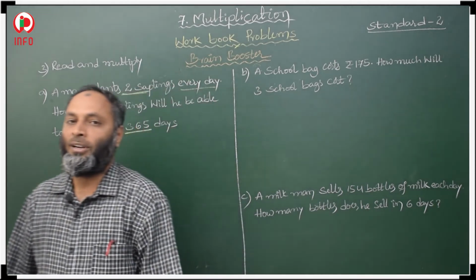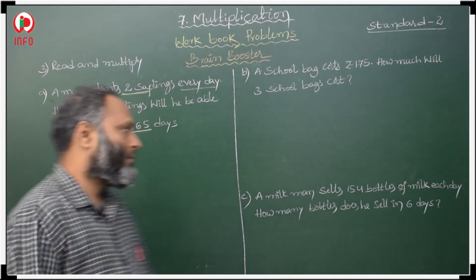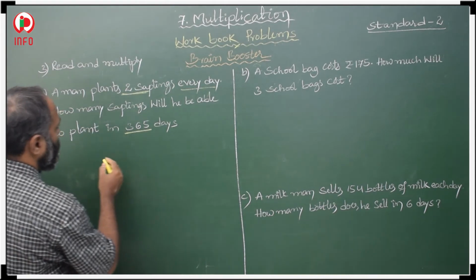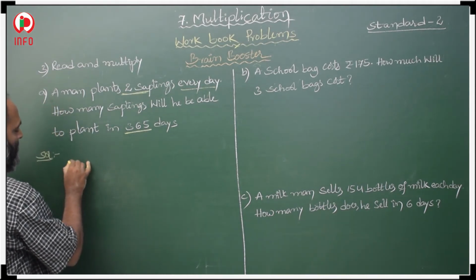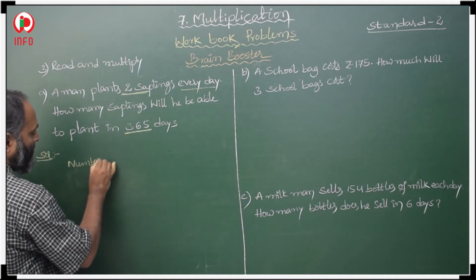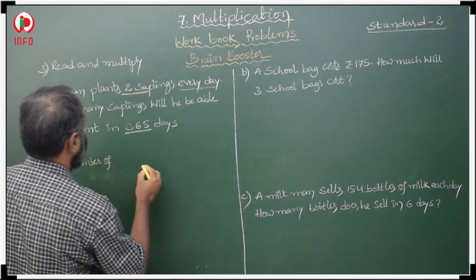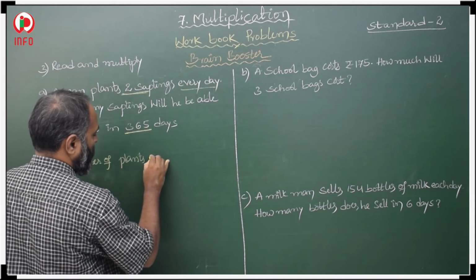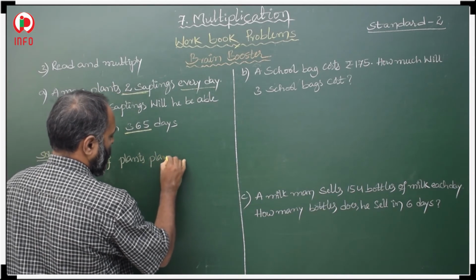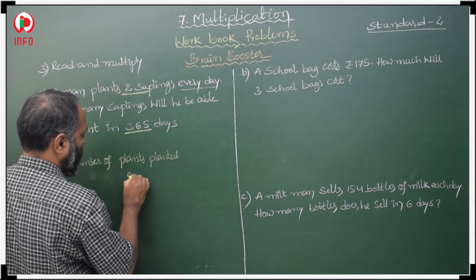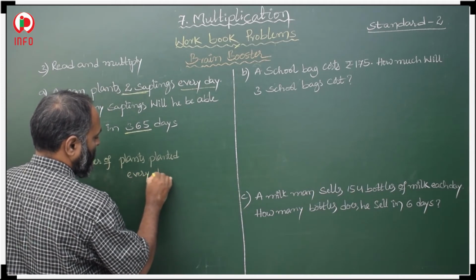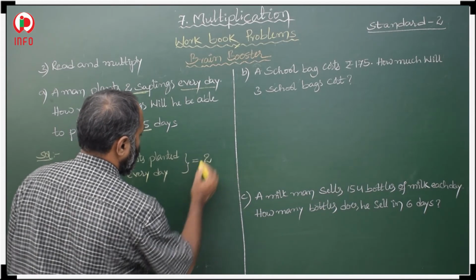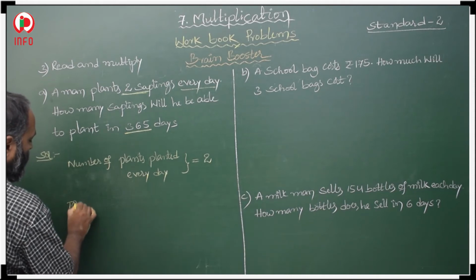So then what do we have to do? We have to do multiplication. Okay. Now, solution. Total plants.